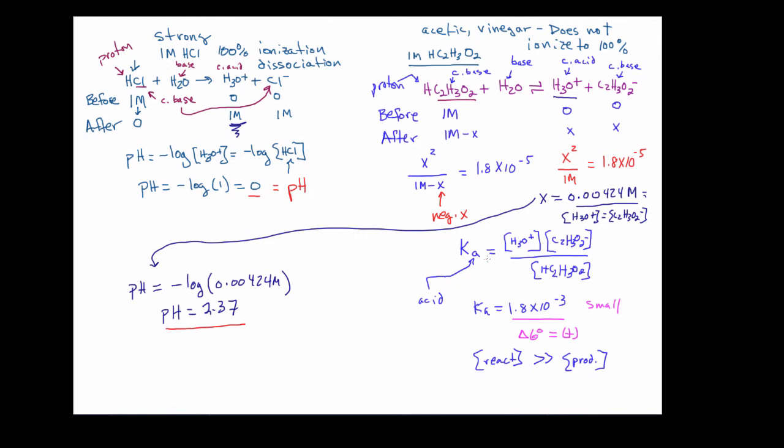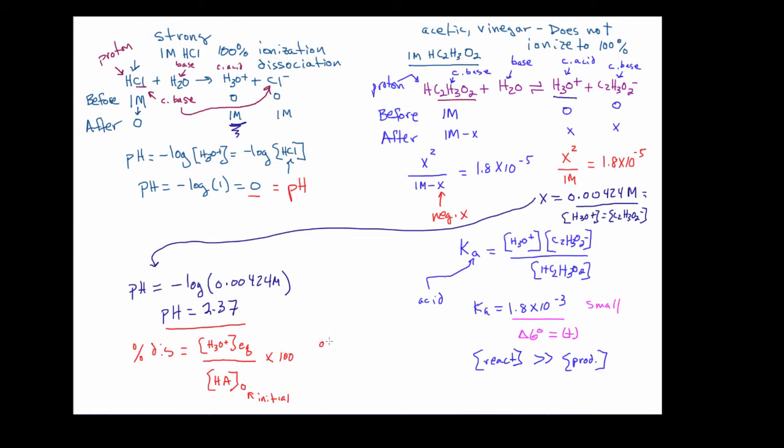Now the last thing that we're going to do is calculate what's called percent dissociation, which I'm going to call percent dis, and this is going to tell us the level of ionization. It's equal to the concentration of H3O plus at equilibrium over the concentration of the weak acid, which I'm going to call HA for short, initially, which we'll put a naught here to mean initial concentration, and then this is times 100.